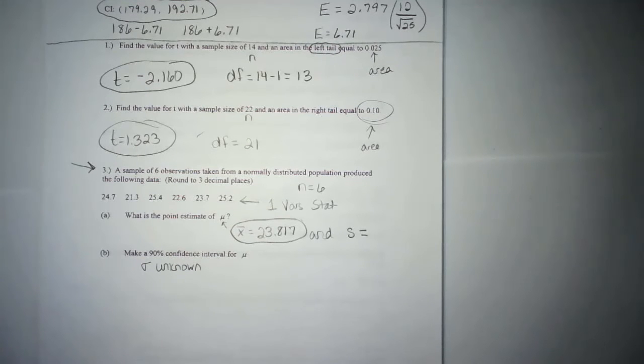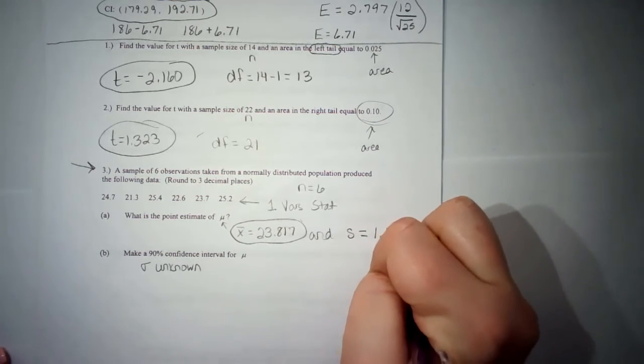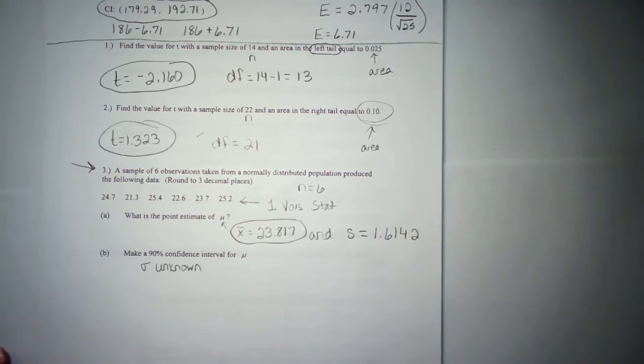It's not. It's just S. That's also kind of an issue. So our S is going to be 1.6142. Take it out a little bit. Okay. This is just S, even though it says Sx. Everybody okay with getting that info? Okay. That's all you need 1-Var Stats for.